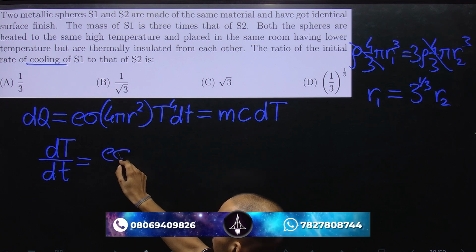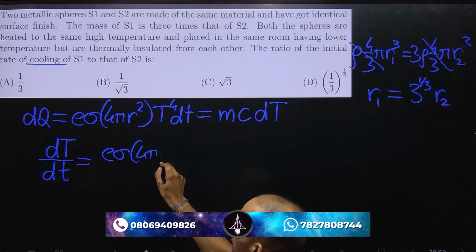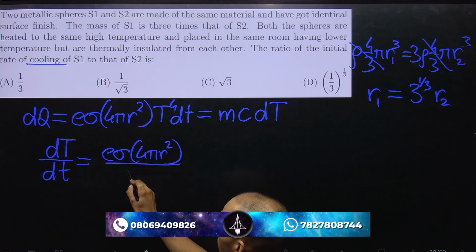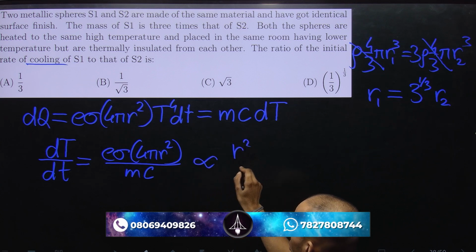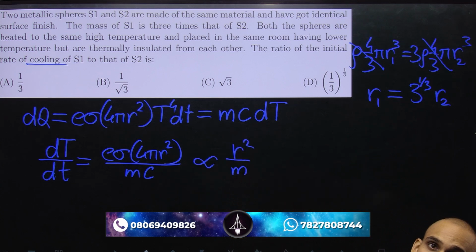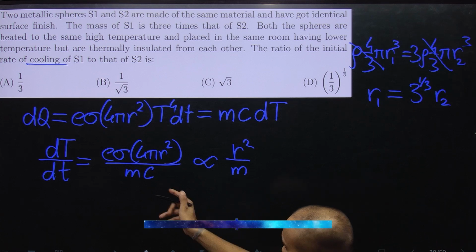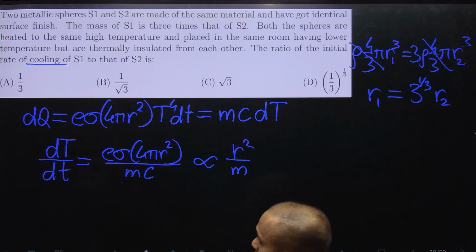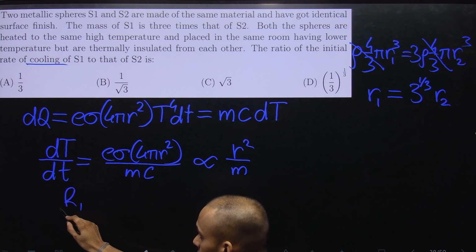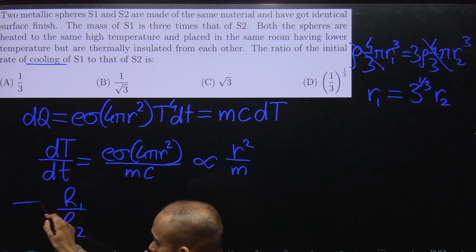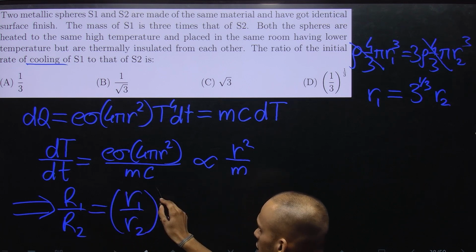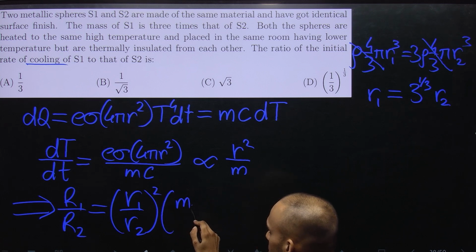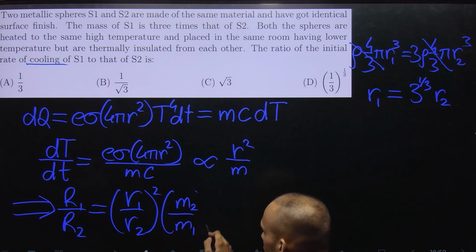So E sigma into 4 pi r square upon mass into specific heat. That means it will be proportional to r square upon its mass. So the ratio of rate of cooling of 1 upon rate of cooling of 2 will be equal to the ratio of their radii r1 upon r2 square into the ratio of their masses m2 upon m1.